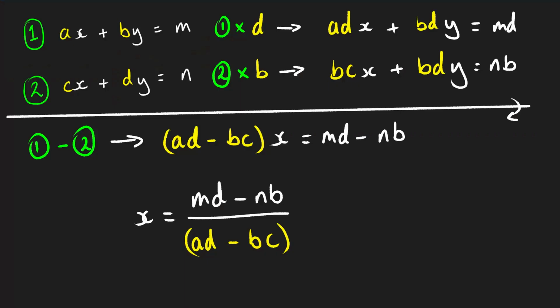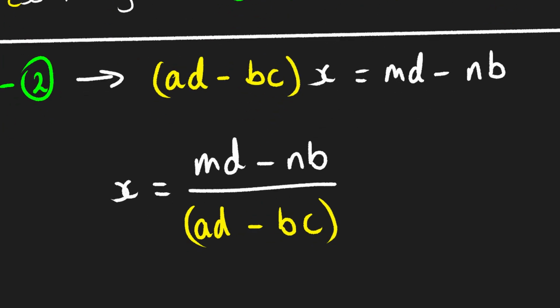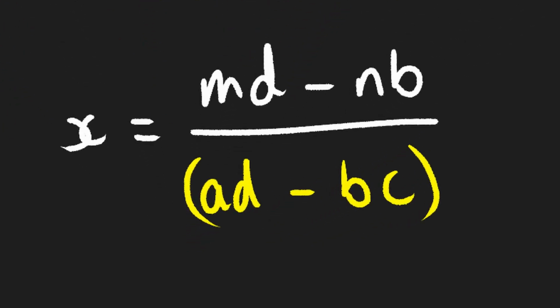And before we get to the punchline and just name this ad - bc the determinant, let's work it out for the x value, just so that we're all above board here. Doing the same sort of thing for the x value, we're left with x = (md - nb) / (ad - bc).